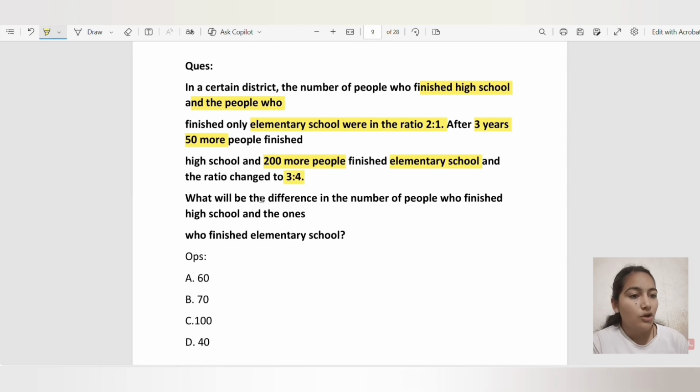Now they are asking what will be the difference in the number of people who finished high school and the ones who finished elementary school. We have to find the difference. So let's see.